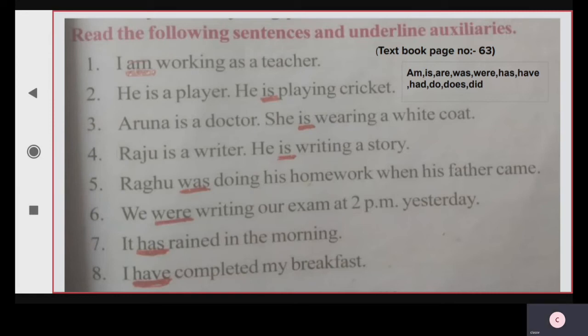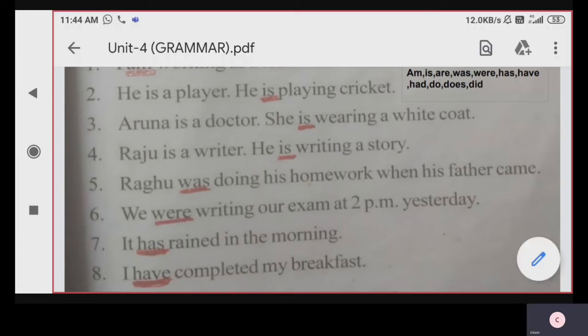Second one, He is a player. He is playing cricket. In this, there are two sentences. First one, he is a player. Here, the word is is used before a noun, that is a player, right? So here in the first sentence, it appeared like a main verb, but not as an auxiliary.